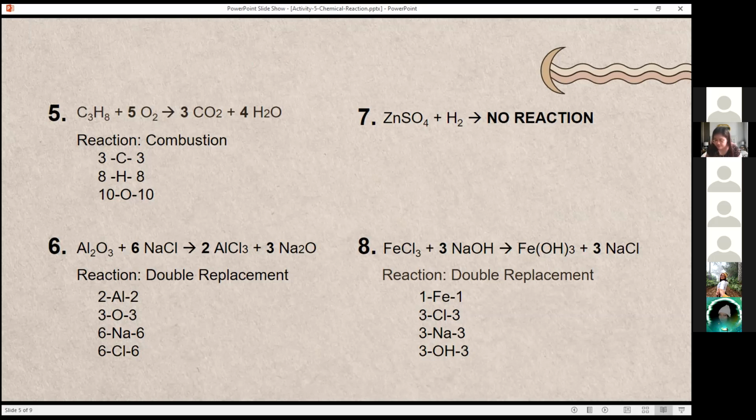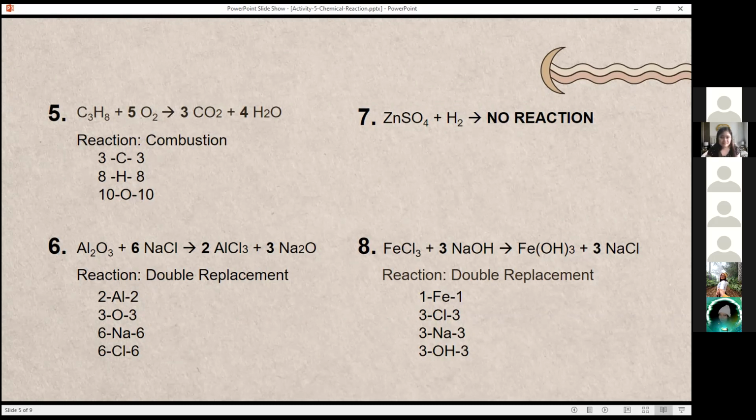So to balance this equation, first we listed all the elements found in the equation. So we have the carbon, hydrogen, and the oxygen. So the carbon in the reactant side has a total of 3 atoms, while in the product side has only 1 atom. So in order for us to obtain 3 carbon atoms, we added 3 here as the coefficient for the carbon dioxide.